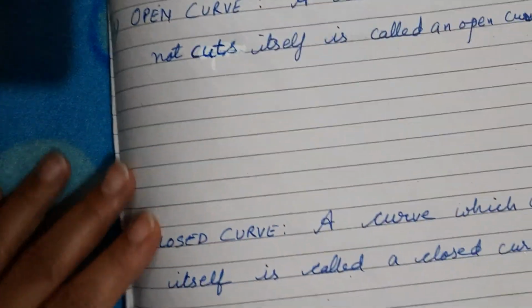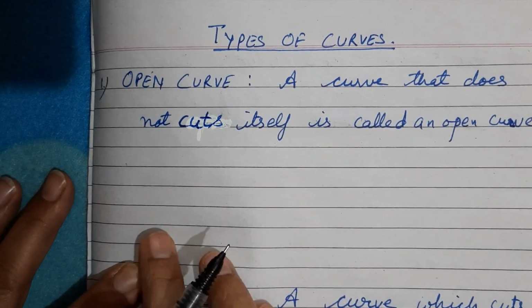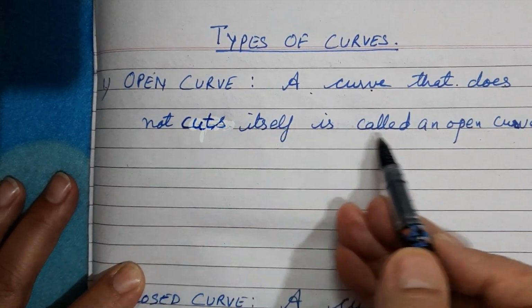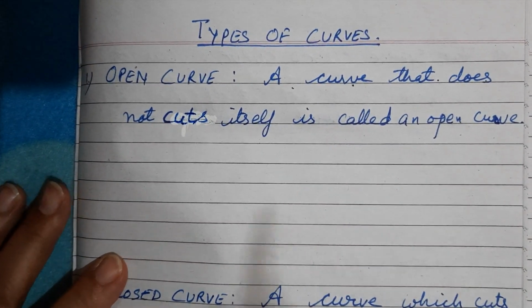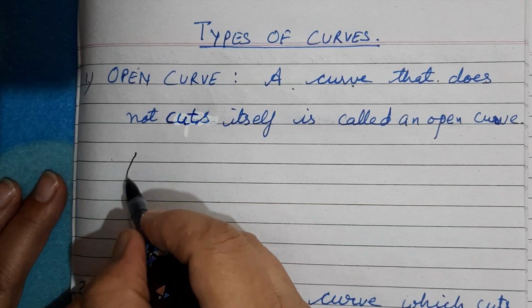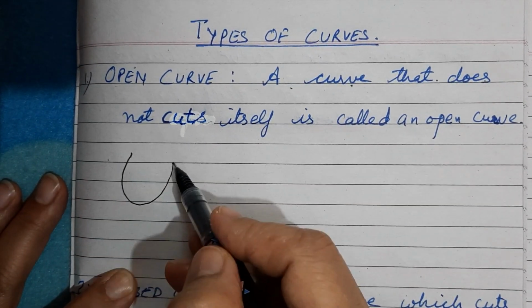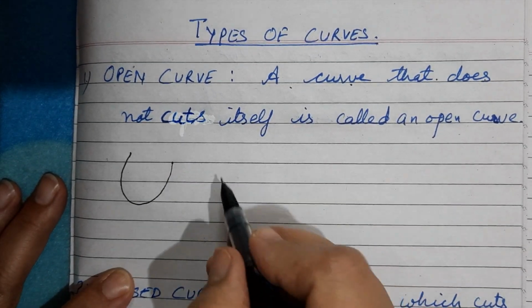Next we have types of curves. First is open curve. A curve that does not cut itself is called an open curve. For example, I will draw a figure here. See, while drawing this curve, it is not cutting at any point.